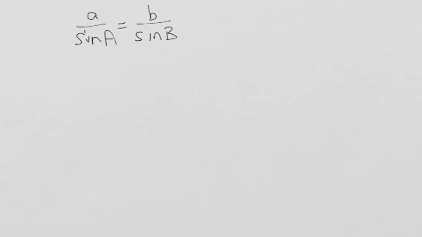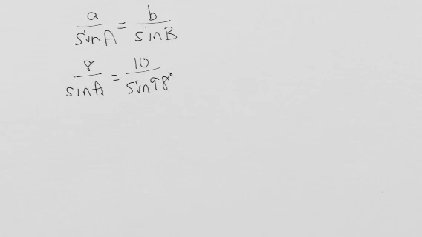So let's fill in the information we got. We know side a is 8, but we do not know angle A. That's what we're looking for. And we know side b is 10, and we just found out a moment ago that angle B is 98 degrees.